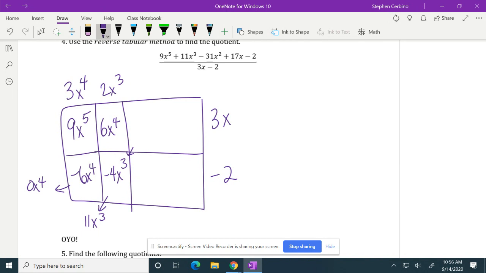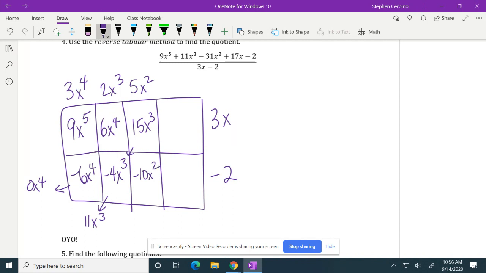So what could I add to negative 4 to make 11? Well, that would be positive 15. What multiplies by 3 to make 15? That would be 5. What multiplies by x to make x cubed? That would be x squared. Positive 5, negative 2 makes negative 10x squared.